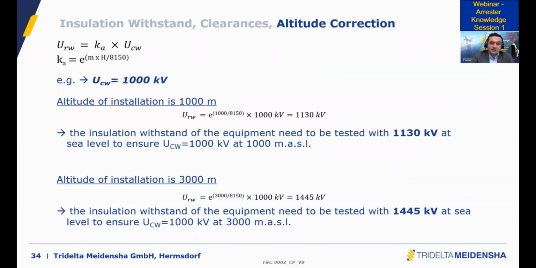If you have an altitude of 1,000 meters, the equipment needs to be tested with 1,130 kV at sea level to ensure a withstand level of 1,000 kV at 1,000 meters, and it's a similar calculation at 3,000 meters, where you need to test at 1,445.